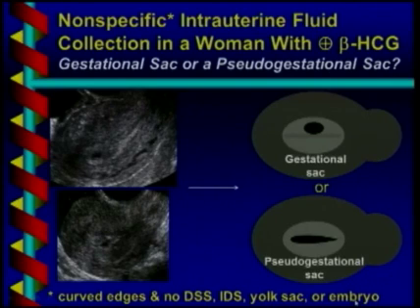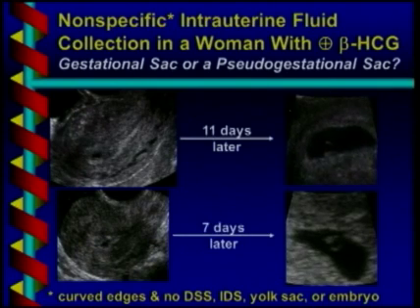Is it a gestational sac or is it a pseudogestational sac? Here are two different patients. They have a positive pregnancy test, and we see a little fluid collection in the uterus here. We see another one here. There's no double sac sign, no intradecidual sign, no yolk sac, no embryo. Are these gestational sacs or pseudogestational sacs?